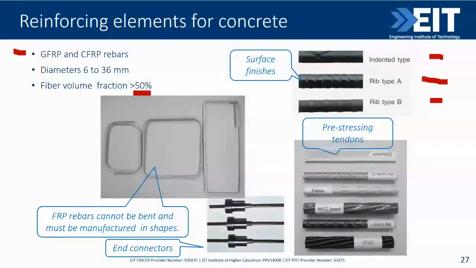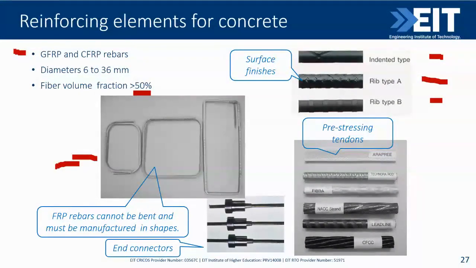What is different? Everything the same, but different. These rebars made of FRP cannot be bent on site like we can do with steel. So the whole arrangement must be prepared off-site to the final specification.